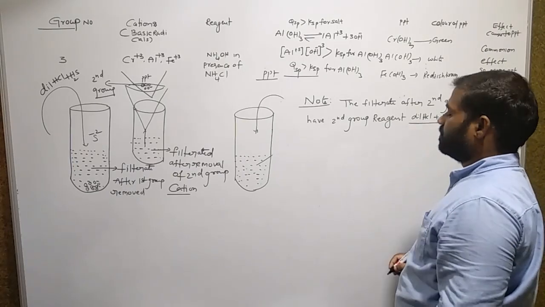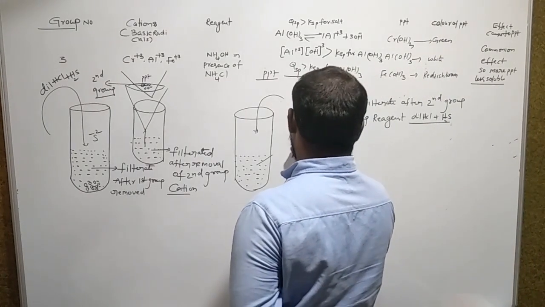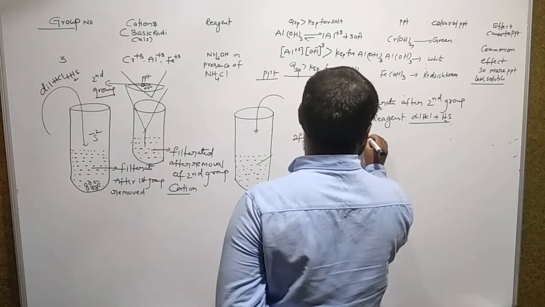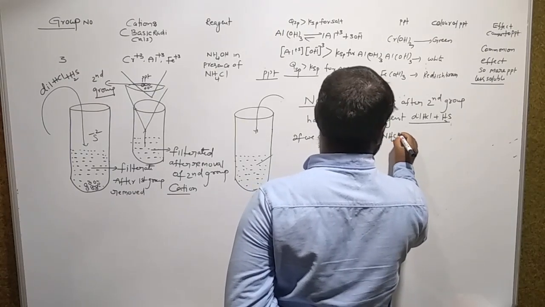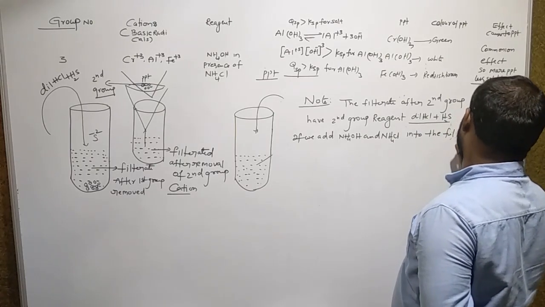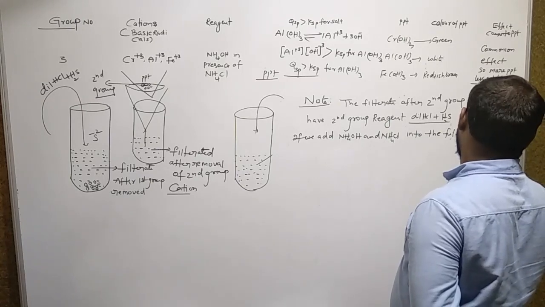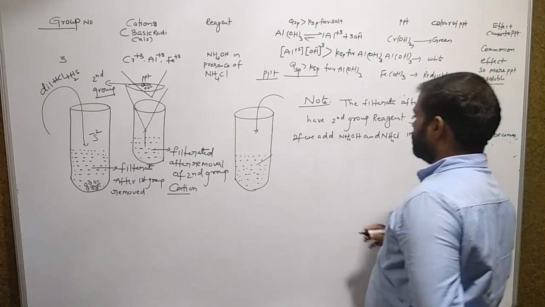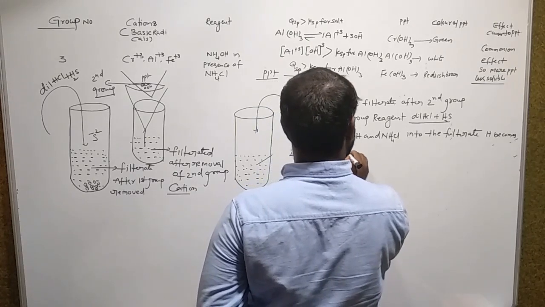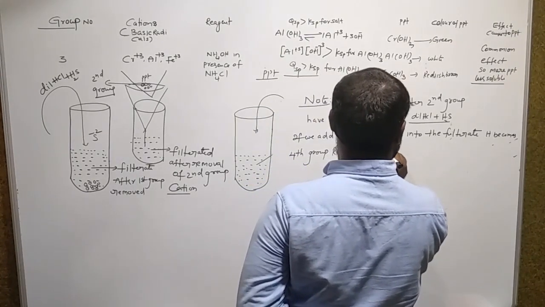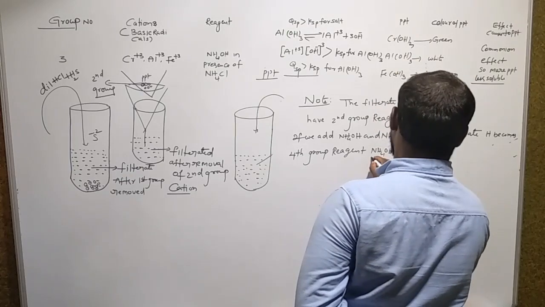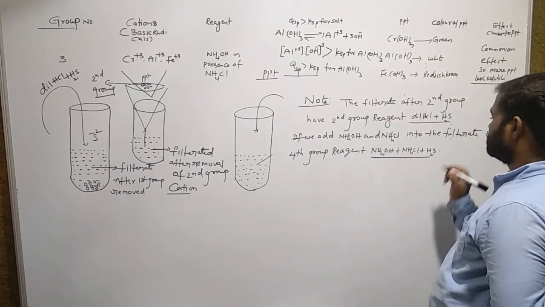Am I right? Okay. If we add ammonium hydroxide and ammonium chloride into the filtrate, it becomes the fourth group reagent: ammonium hydroxide, ammonium chloride, H2S. Okay.